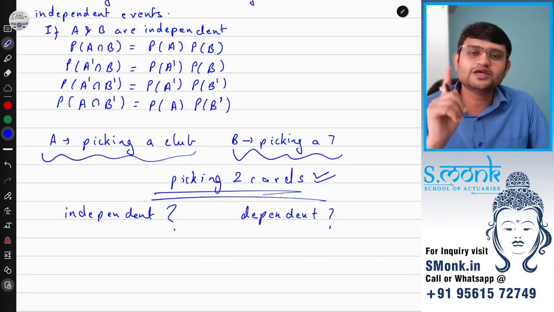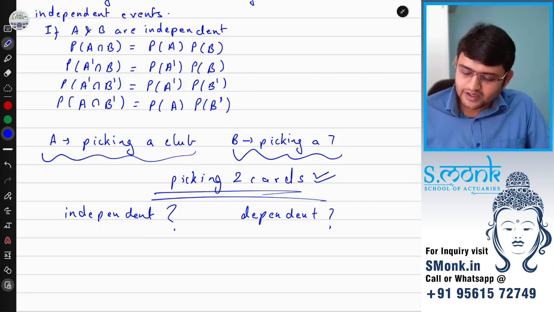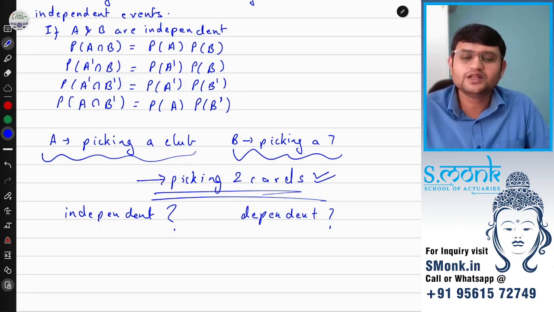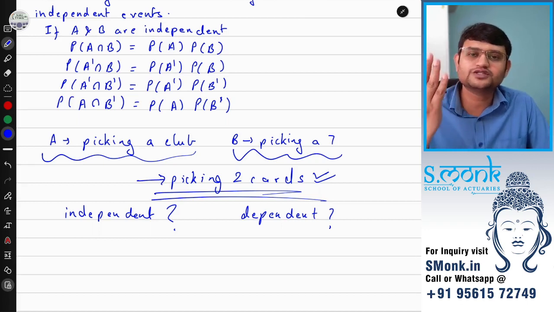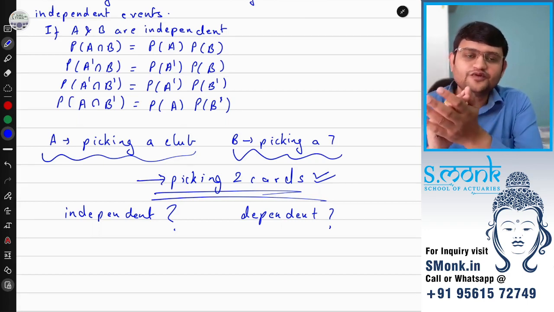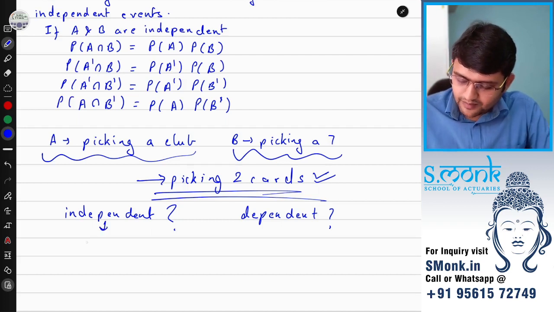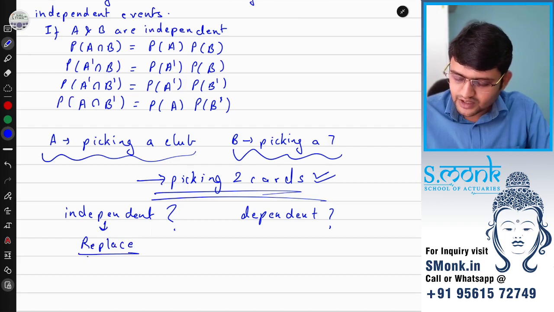There's one more thing that we need to know before we can decide: what is happening in between picking these two cards. Now see, when I pick the first card, I see it. Then if I replace the card back in the deck and reshuffle it, then these will be independent. If I replace the card.